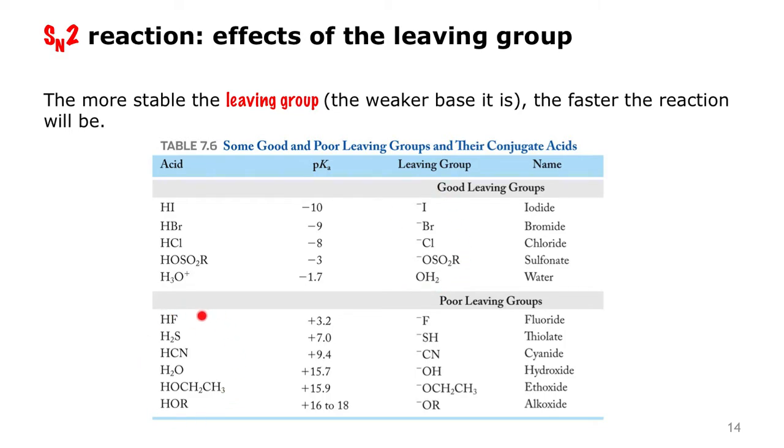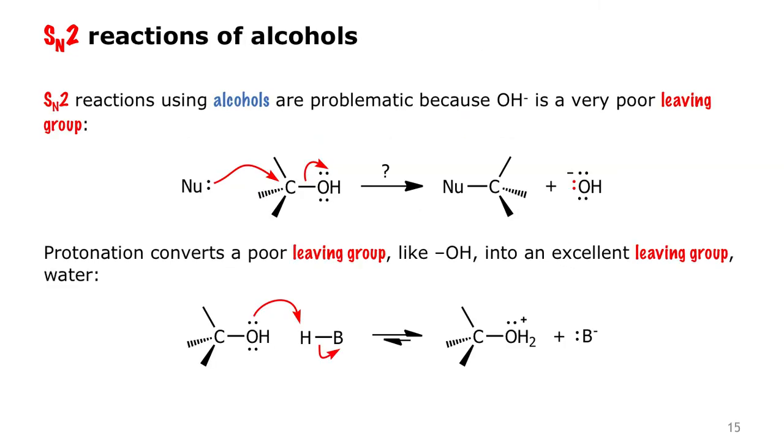Weak acids, by contrast, have relatively strong conjugate bases, and that's an indication that those ions are much less stable. That's the overall pattern. The more stable the anion is, the better it is as a leaving group. The less stable the anion is, the poorer it is as a leaving group.